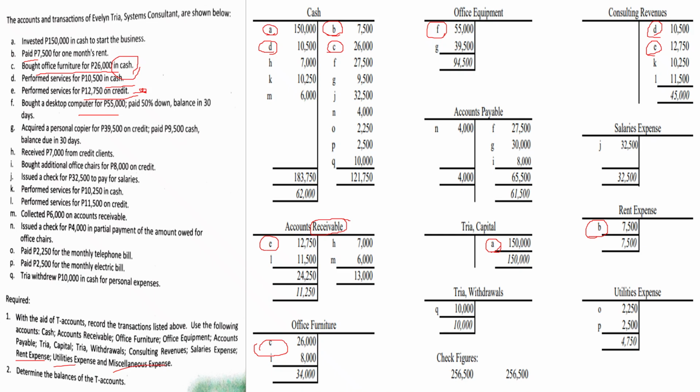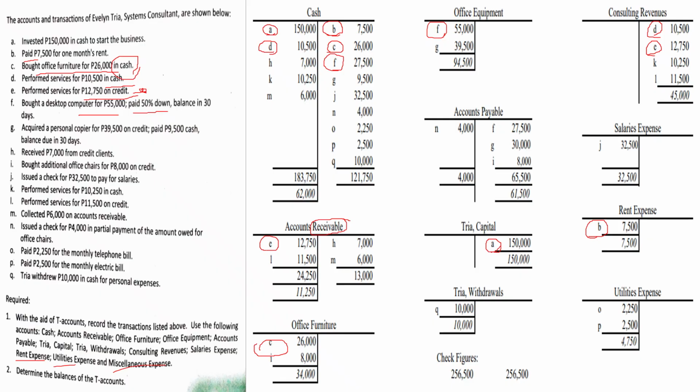Now, it is stated that we pay only 50% down. So again, when we pay, it is cash out. Our cash will be reduced. So what is 50% of 55,000? Very good. So it's 27,500. So on letter F, we have here a credit of 27,500 because cash will be reduced by 27,500 when we pay the down payment for the computer.